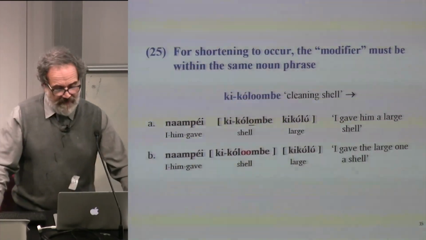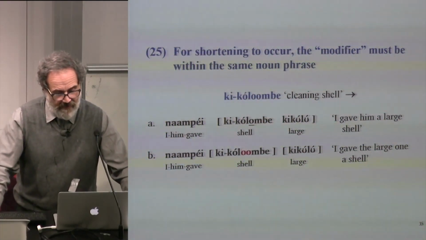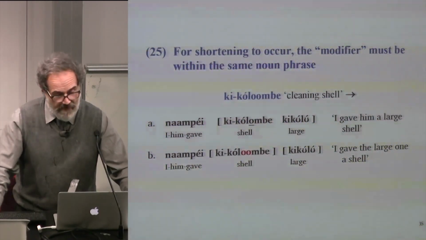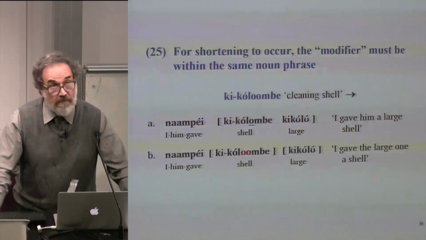For shortening to occur, in fact, the modifier has to be in the same noun phrase. So Odden gives these examples to make this point. The first one shows the shortening of shell, because that underlined o, remember, was long. It's kikolombe. But here it's kikolombe kikulu. I gave him a large shell. I him gave shell large.